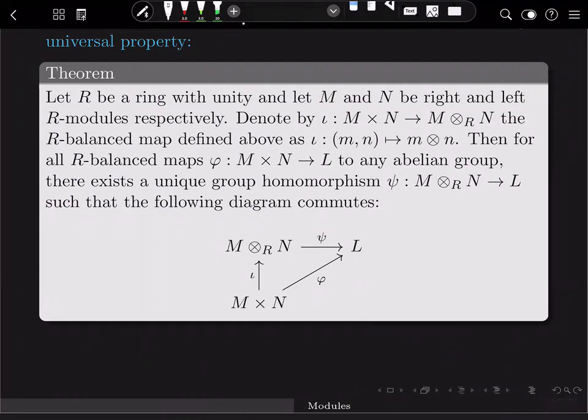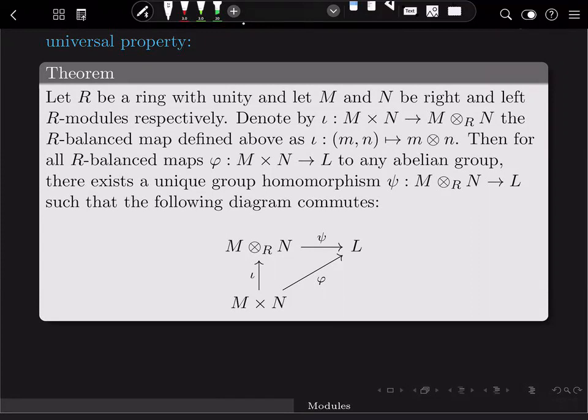So we let R be a ring with unity, and we let M and N be right and left R modules respectively. We denote by iota the map from M cross N into M tensored over R with N, the R balanced map defined by sending m comma n to its coset, which we denote with this tensor symbol, m tensored with n.